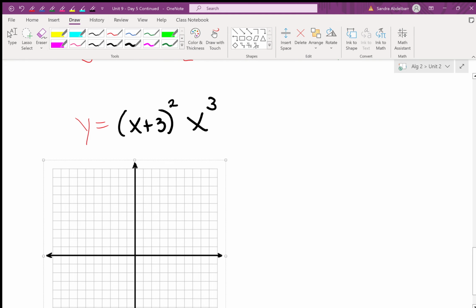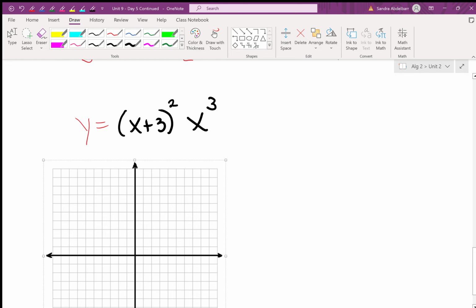Is this already factored? Yeah, it's already factored for you. So, to be completely honest with you, you will have to remember how to factor.